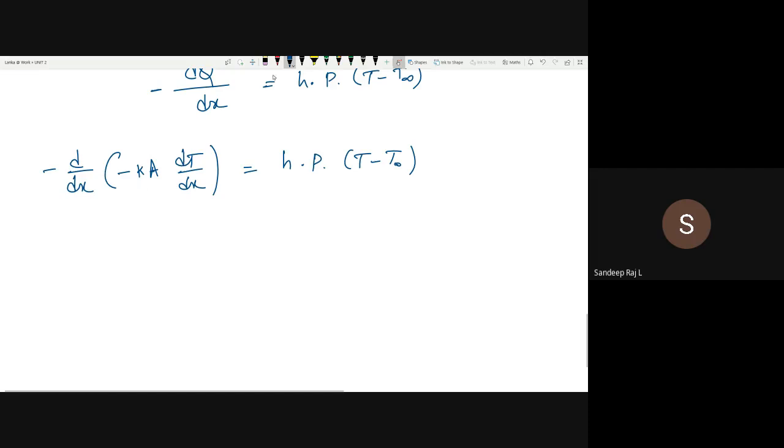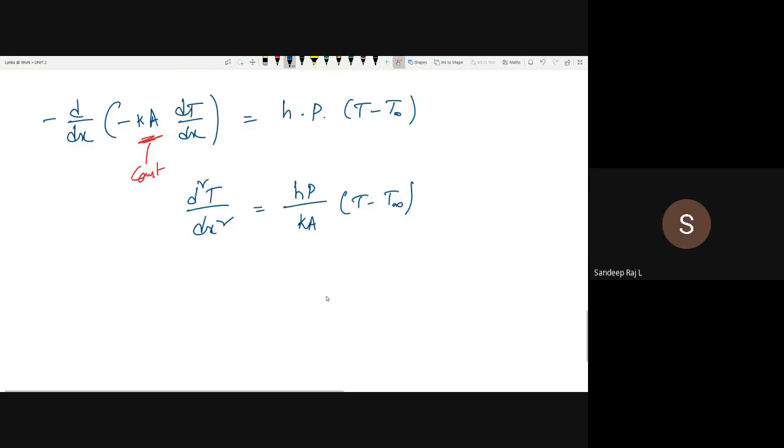Now, this k and A are constant values. The thermal conductivity is a constant, and the area is constant. So you can take them out of your differentiation, and minus into minus, you'll get plus. So d square T by dx square you will get, and this will be equal to the kA I have taken out, which I will divide on the right hand side. So this is how you got the expression.